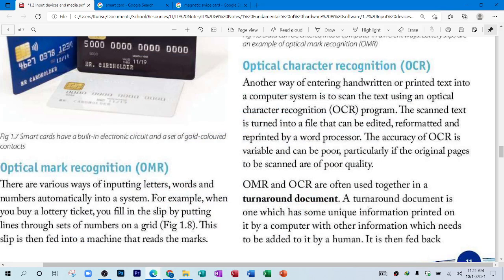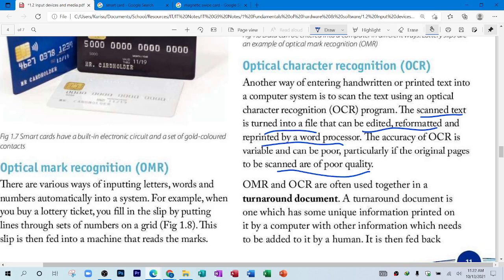Another way of entering handwritten or printed text into a computer system is to scan the text using an optical character recognition (OCR) program. The scanned text is turned into a file that can be edited, reformatted, and printed by a word processor. The accuracy of OCR is variable and can be poor, particularly if the original pages to be scanned are of poor quality.